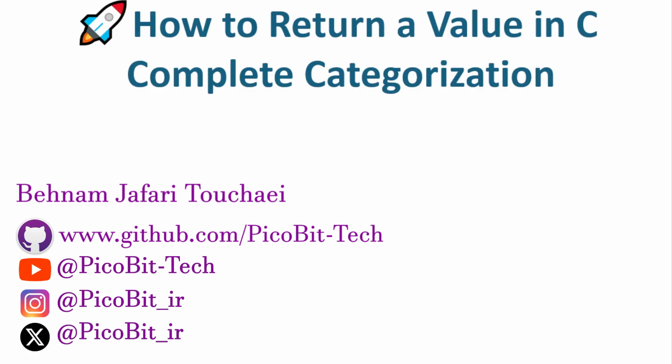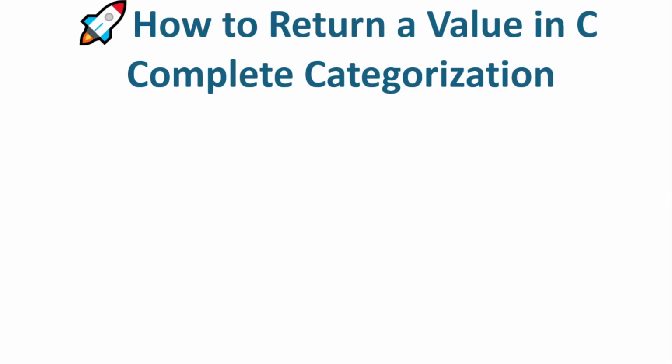When the data to be returned becomes more complex, such as arrays, strings, or entire structures, the process of storing and returning them through the function name is no longer straightforward. This is where more advanced and efficient return techniques become essential, and we will explore these methods in the following section.